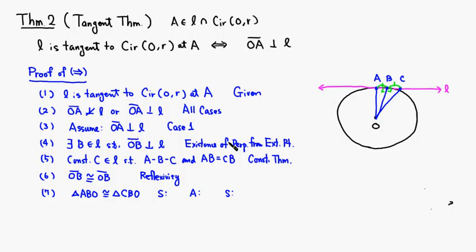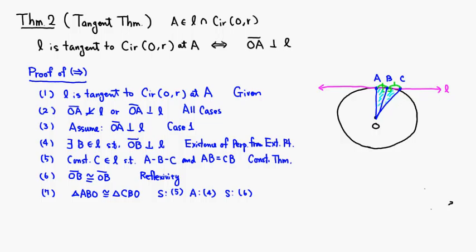Side, because AB equals CB, so it comes from step 5. And angle, because they are perpendicular, so that comes from step 4. And OB is just by reflexivity. So we established that these triangles are congruent to each other.